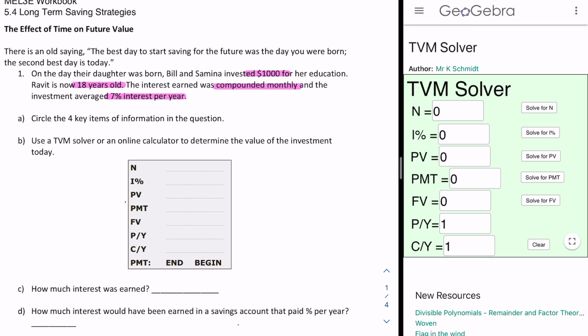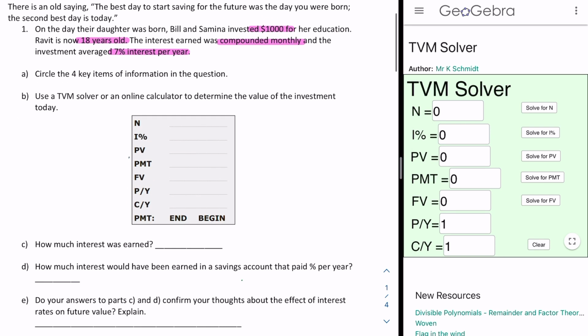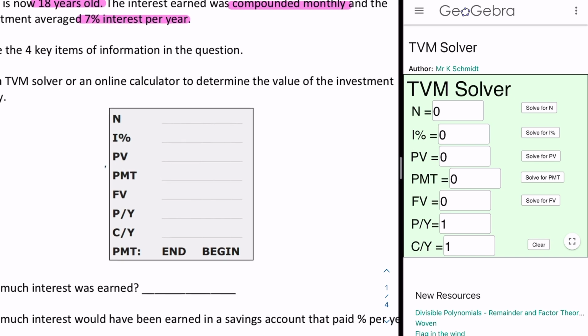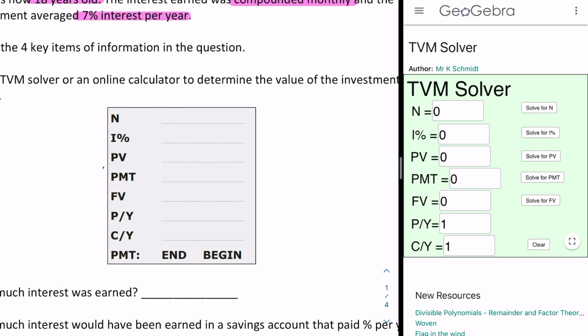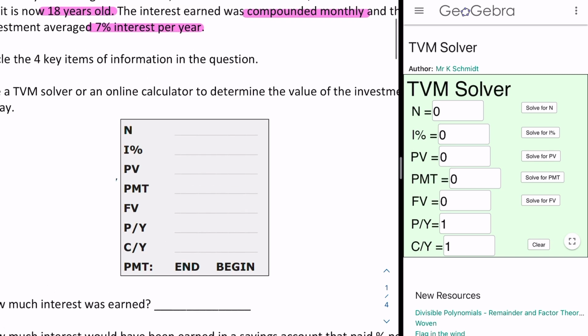If we go to B, it says use the TVM solver, and I have the TVM solver on the right over here. I will write down the information that we took out into this little box first. We have 18 years, 7% interest, and they started with $1,000.